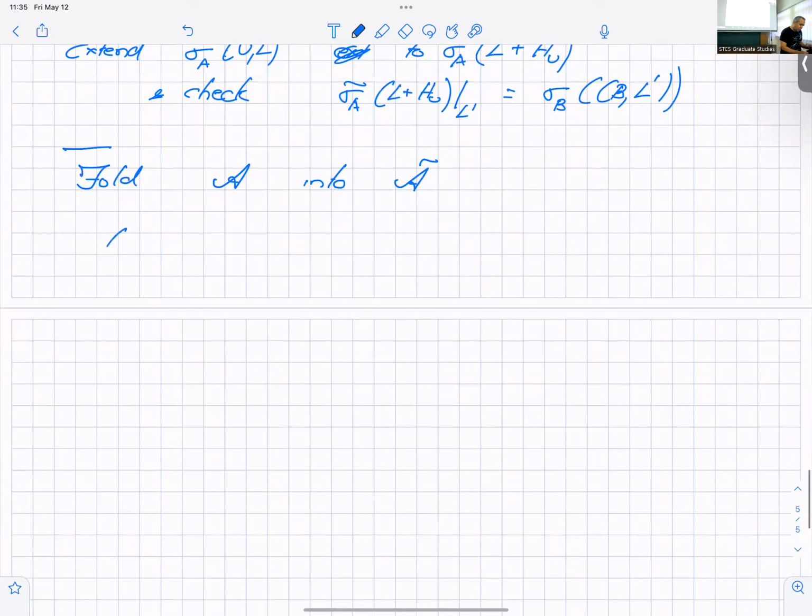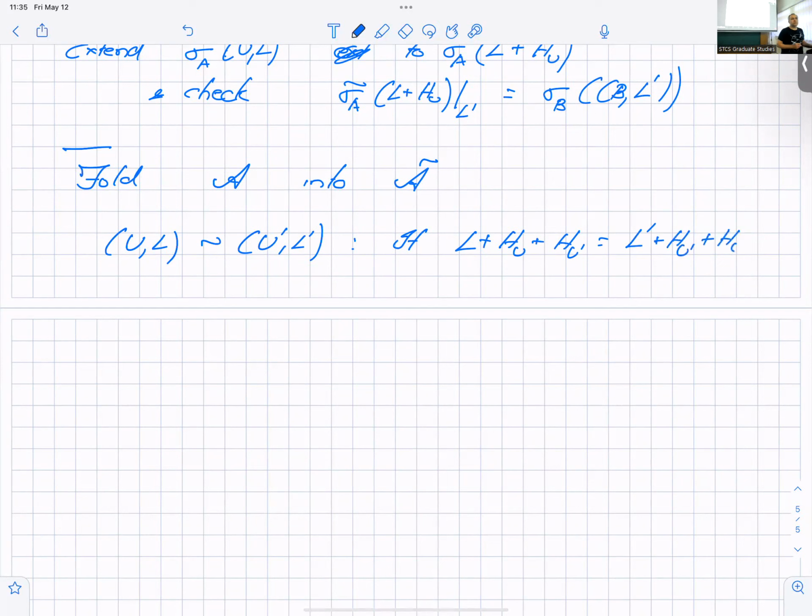What we will do is the following. We will identify UL. You really want to avoid consistency checks. That's the whole point. So UL, we are going to identify them with this one, if L plus HU plus HU prime is equal to L prime plus HU prime plus HU.